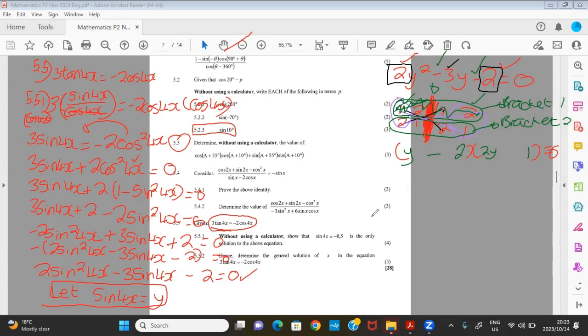Since sine 4x is equal to y, wherever we see y, we are going to put sine 4x. So I'm going to say sine 4x minus 2, then 2 sine 4x minus 1 is equal to 0.